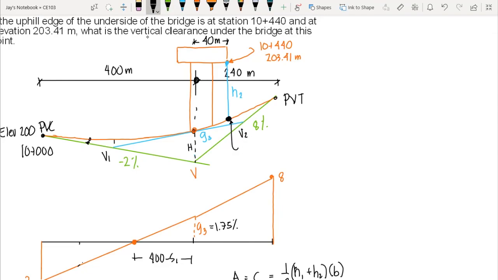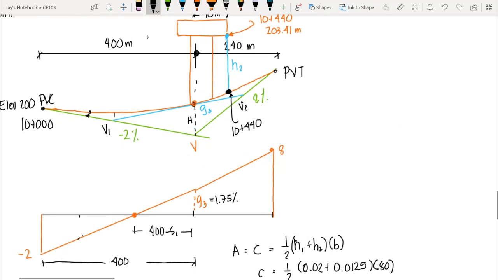So to compute the elevation of this point, which is 10 plus 440, we can actually use the grade diagram. So we compute the area between PVT and the point 10 plus 440 so that we can compute their difference in elevation.